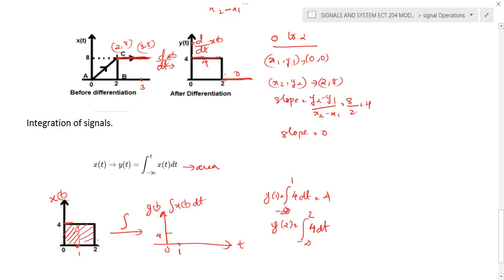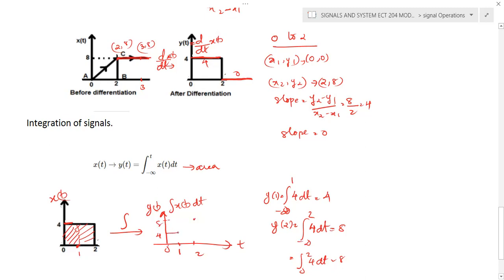If we integrate the signal from 0 to 2, it's a square, so area is equal to 4 into 2, which is 8. If you perform the integration of 4 dt, you will get 8. So at 2, the signal amplitude is 8.